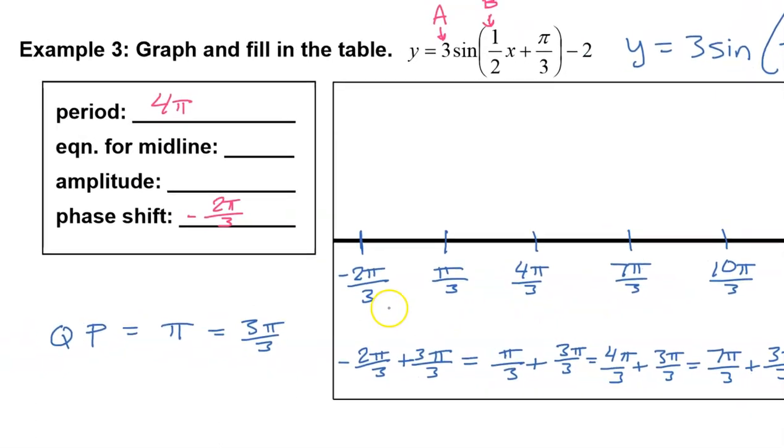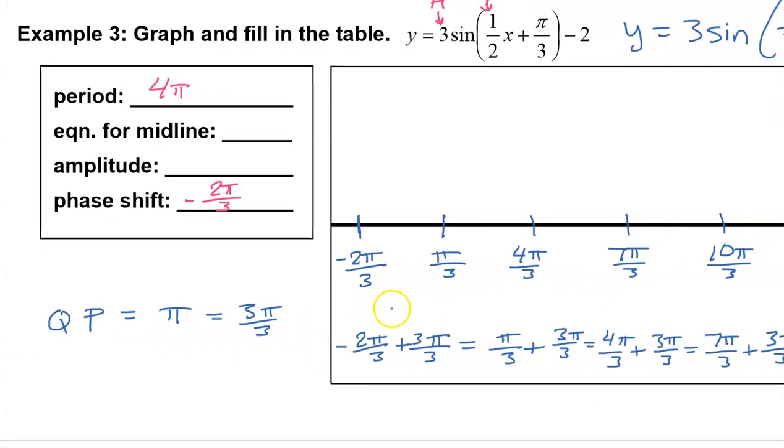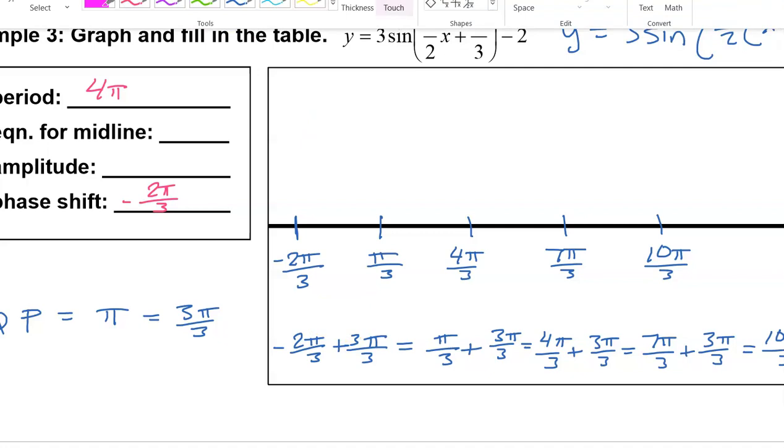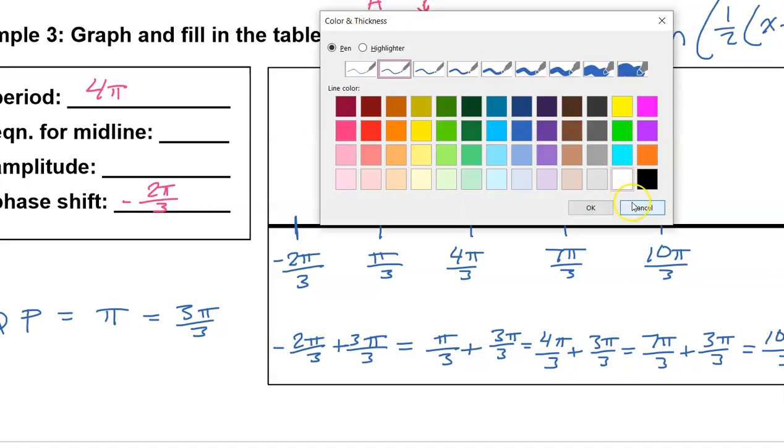We have all of the values. It is time to place the y-axis on this picture. Notice that we have a negative value here on the left, and then we have a positive value here. So that means that the y-axis should be somewhere in between. So let's go ahead and draw the y-axis now. Okay, that's not going to help me.